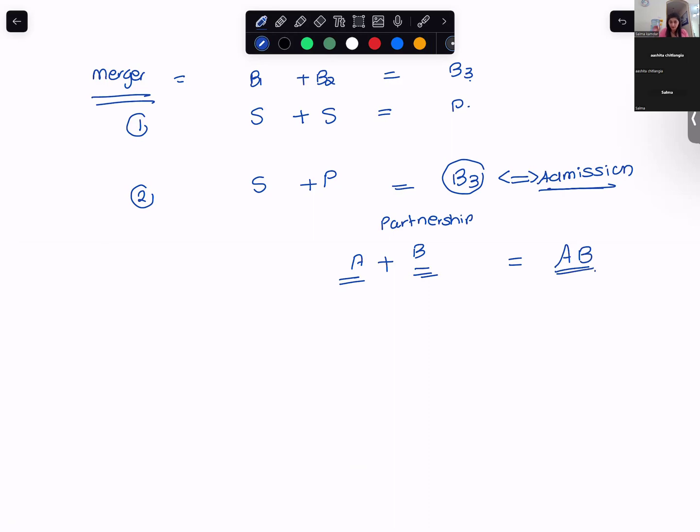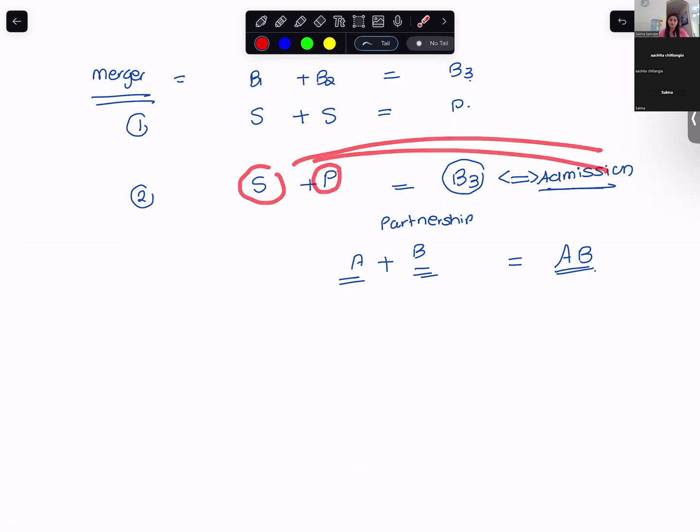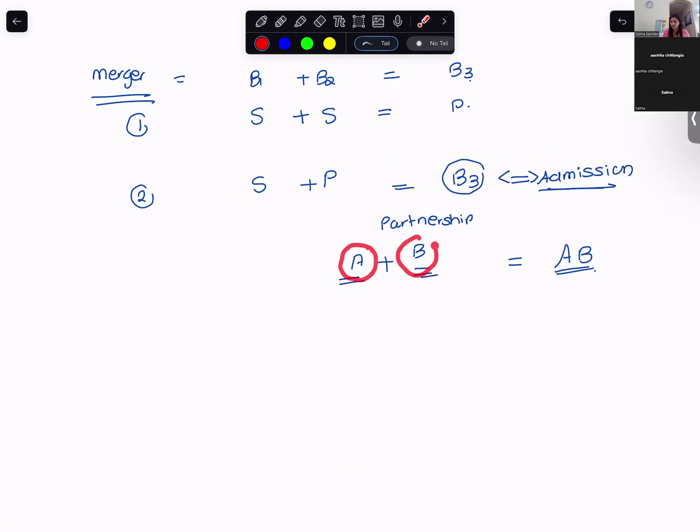Understand? Merging a sole trader with a partnership is exactly equal to admission sums.